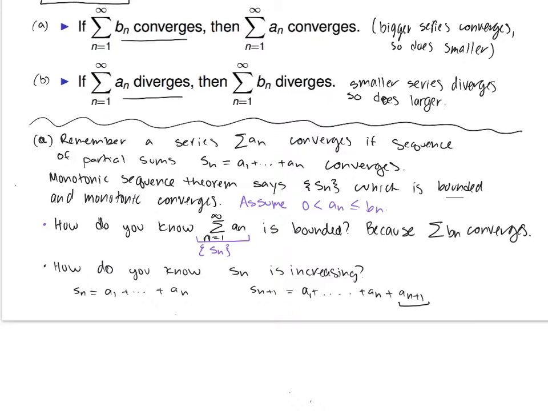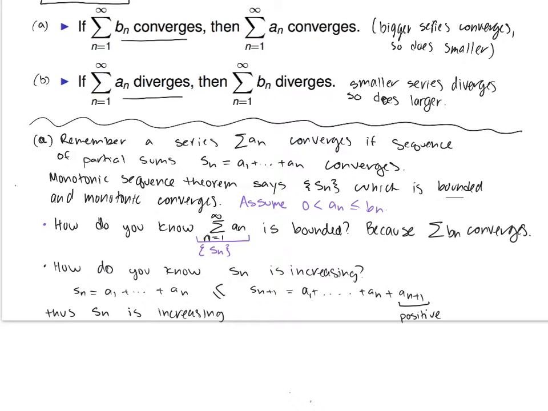So you're just adding a positive number, so this has to happen, right? And if you want to say it could be 0, well, that'd be greater than or equal to 0. At worst, you add on 0. So thus, your S sub n is increasing. And that's why the positive assumption is necessary, so that the sequence of partial sums is increasing.